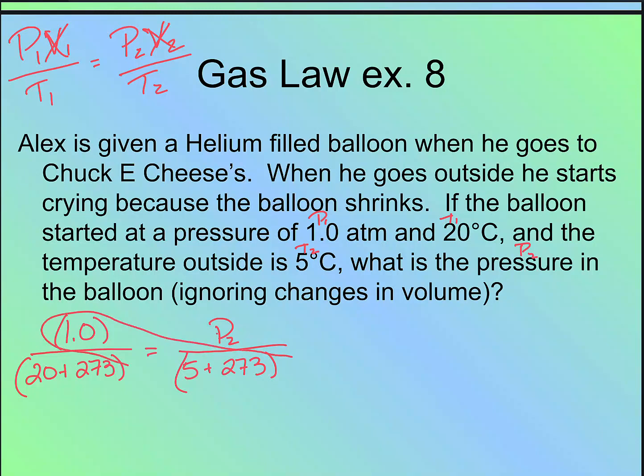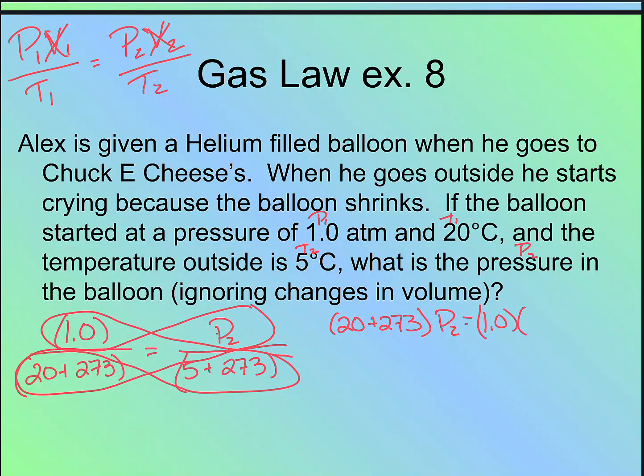I cross multiply, and this is going to be 20 plus 273 times P2 equals 1 times 5 plus 273. I'm going to divide both sides by 20 plus 273. And again, as I've said before, if you want to solve that temperature and just plug in 293, please feel free. No one is stopping you from doing that. Go ahead, have at it.